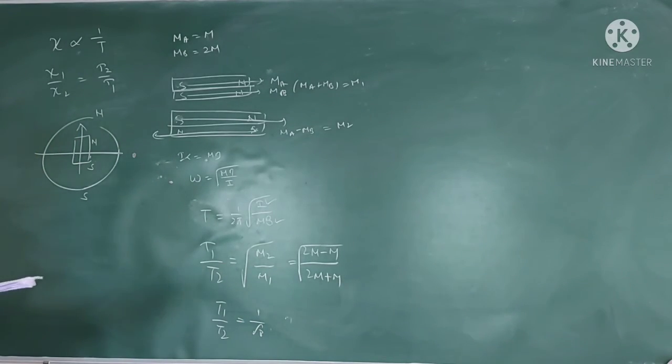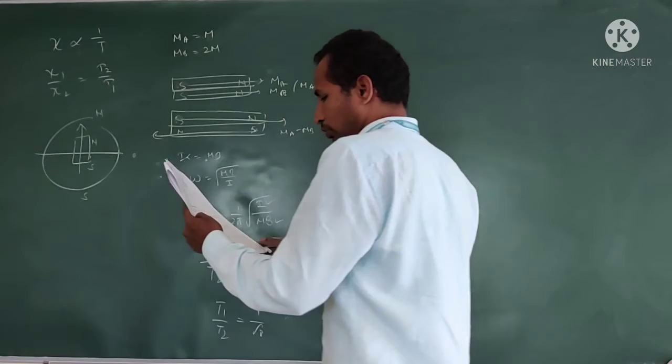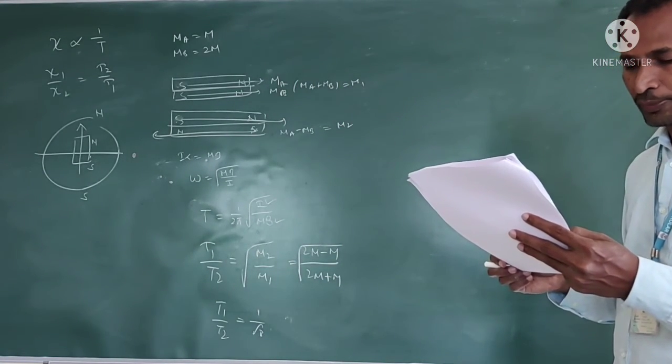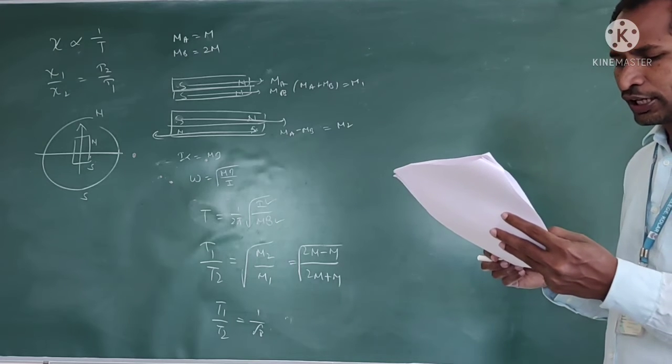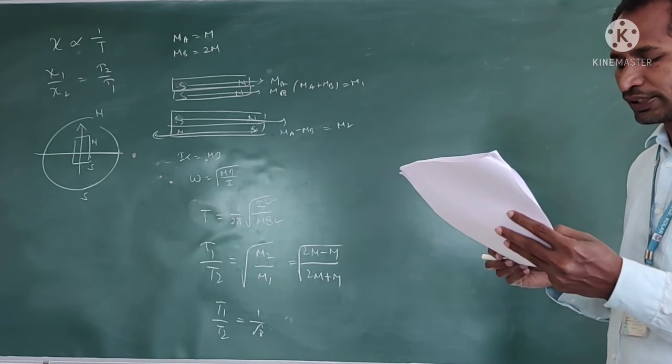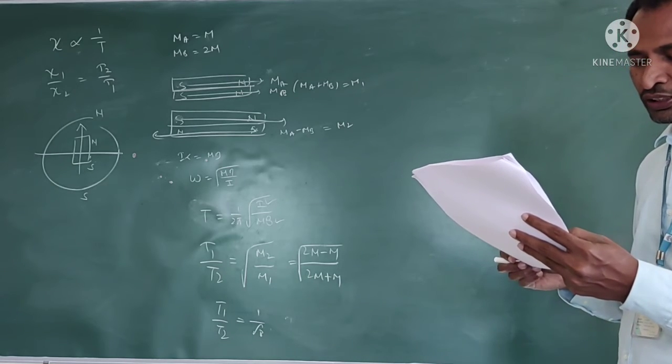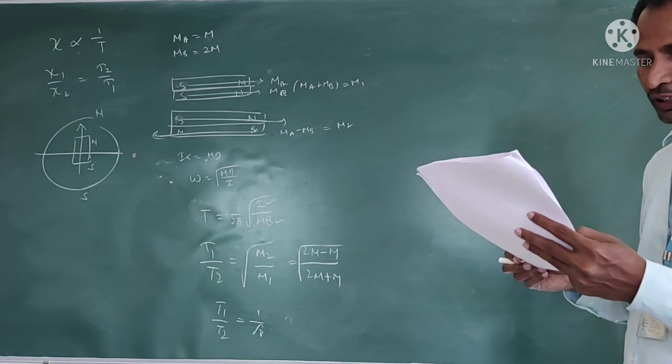Next, magnetic field B. The magnetizing field of 5000 ampere per meter produces a magnetic flux of 5 into 10 power minus 5 Weber in an iron rod. If the area of cross section of the rod is 0.5 centimeter square, then the permeability of the rod.